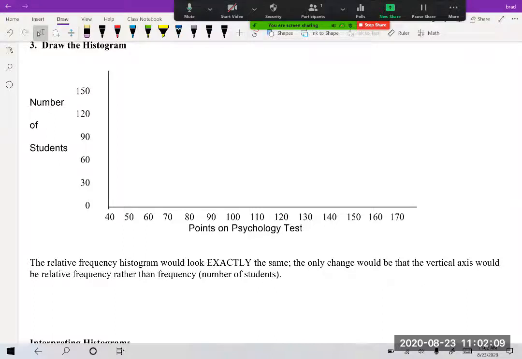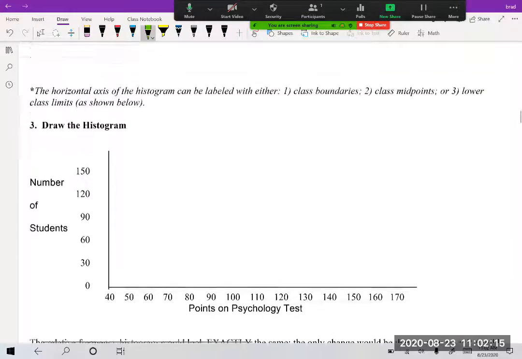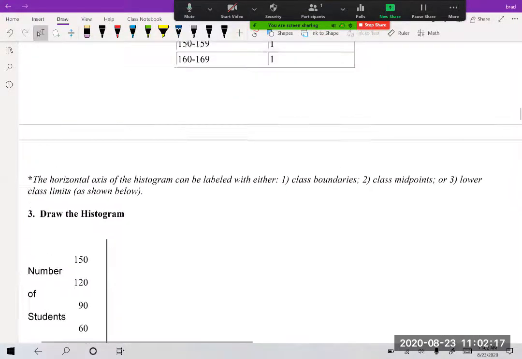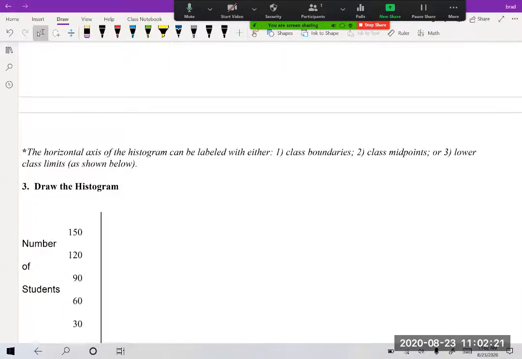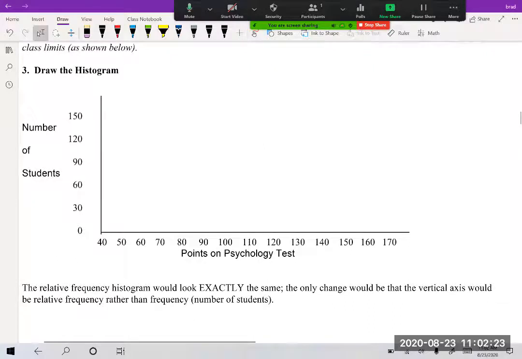So I'm gonna draw my histogram, and I'm gonna do the best I can, right? Because if we look here, how many people were from 40 to 49? There were only 3. So that's gonna be really hard to draw. So I'm just gonna do this little short histogram right here. It's really hard to draw.